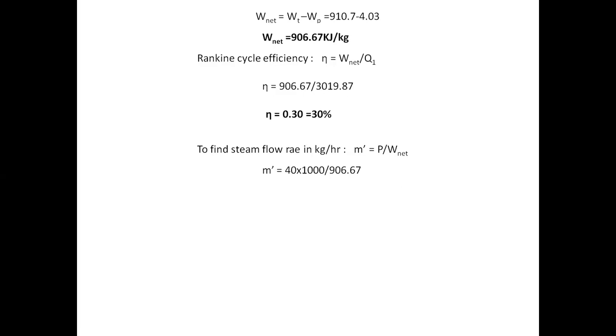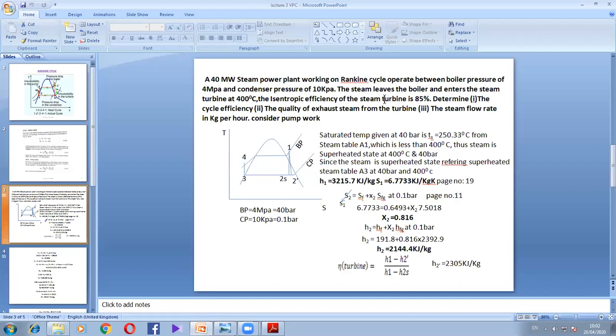You need to convert it into kilowatts by multiplying by 1000, because the denominator is in kilojoules. From this you will get the mass flow rate as 44.117 kg per second. But in the data, he has asked you to find it in hours, so you need to multiply that by 3600. Okay, with this, your problem number 1 is over.